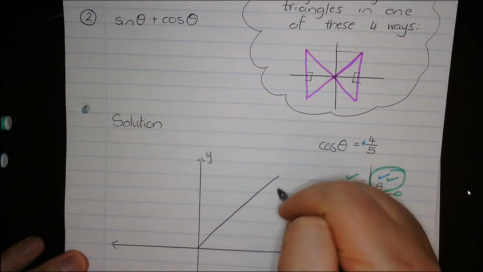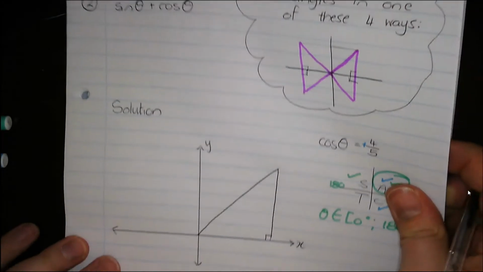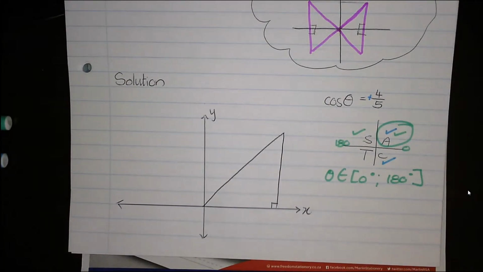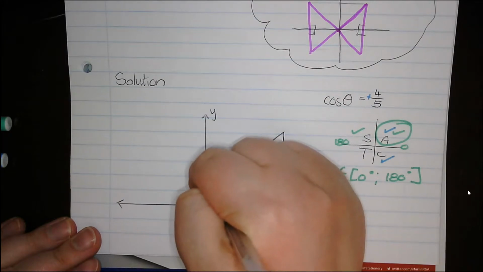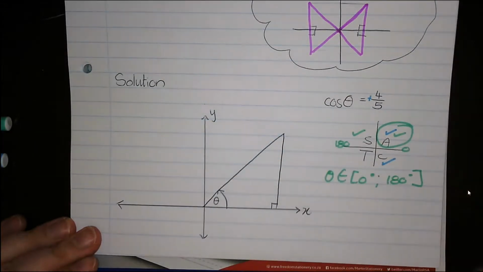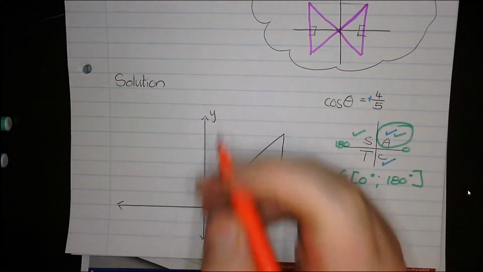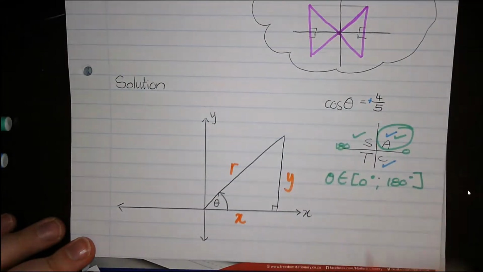I'm going to do this sketch pretty big because this is what your teacher will mark. So already we have a better idea where we're going. This is angle theta from the positive x-axis to the radius. We know that this is the radius, this is x, and this is y.